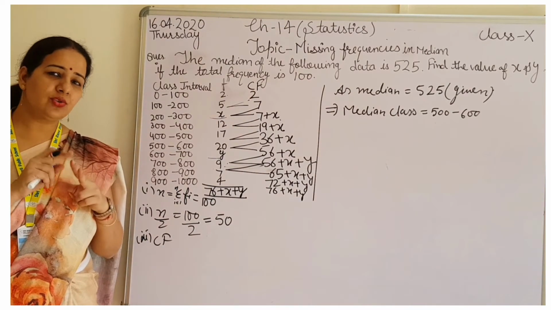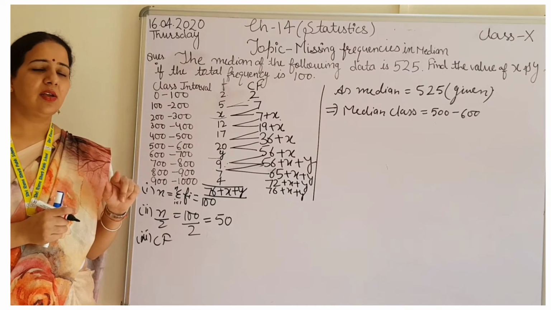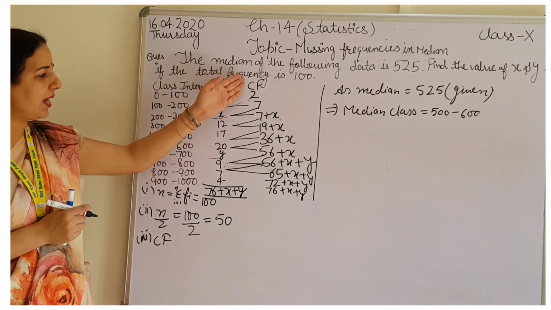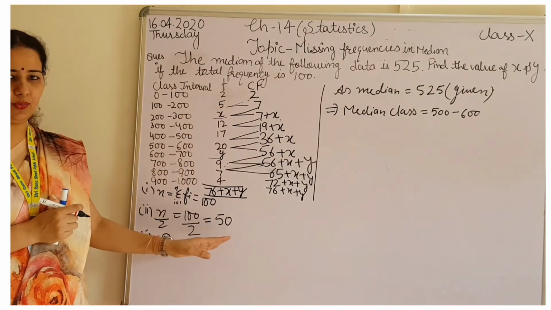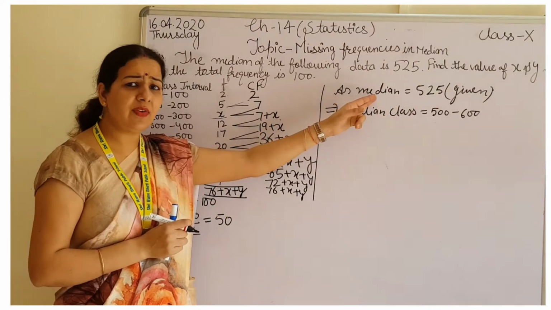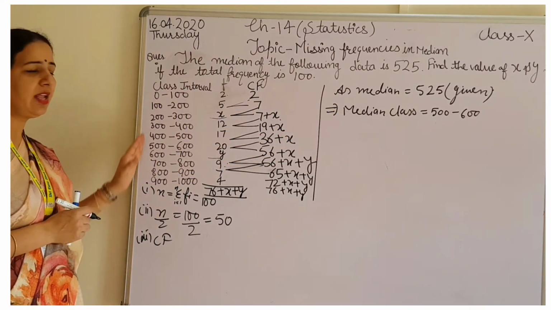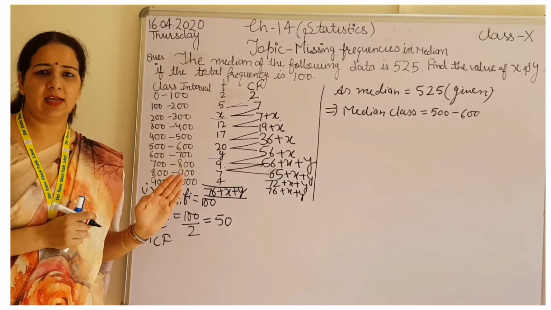So we have two methods to calculate the median class. First method is when we have to calculate the median, we see the number that is just greater than n by 2. But if the median is given in the question, just see in which interval the value will lie, and that will be our median class.